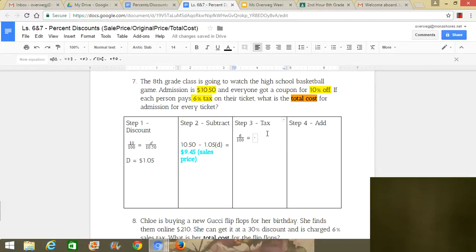So on the top is T for tax, and on the bottom is the sales price, $9.45. That's the sale price, okay? Because we don't want to pay full price for that. I'm just going to do a PR for price to keep it all in one line, okay? So now what we need to do is we need to cross multiply and divide.